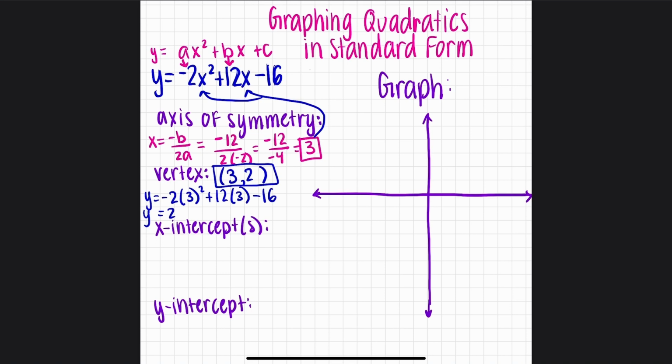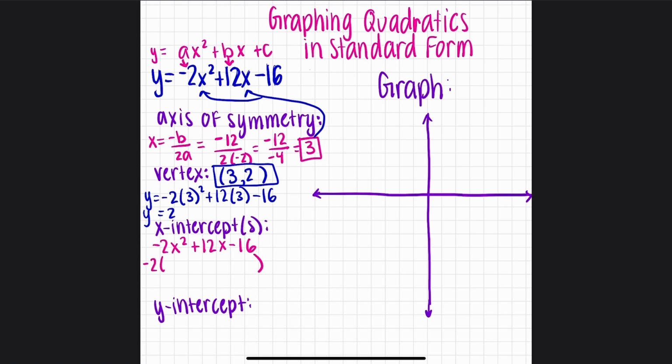So now we're going to find our x-intercepts. There's many ways to do this. I am going to factor. So this is my original equation. The first thing I see is there's a greatest common factor of 2. It also starts with a negative, so I have to take a negative 2 out of this entire thing.